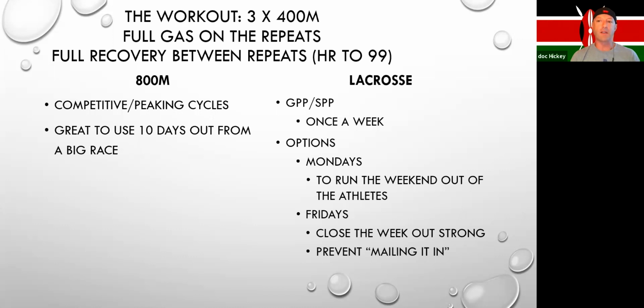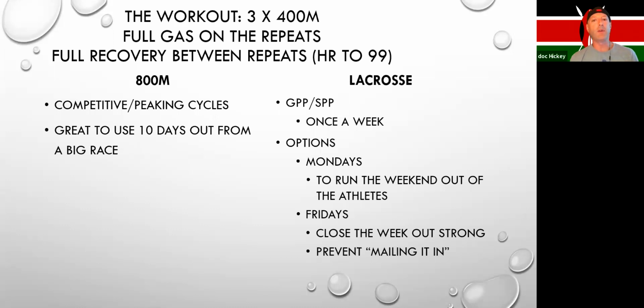For my MLL guy, these runs were under 70 seconds. For my competitive 800 guys at the D1 level, they're running these in 54, 55. So we're spiking that lactate real early in the rep.